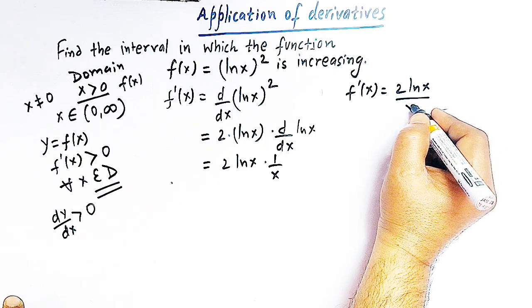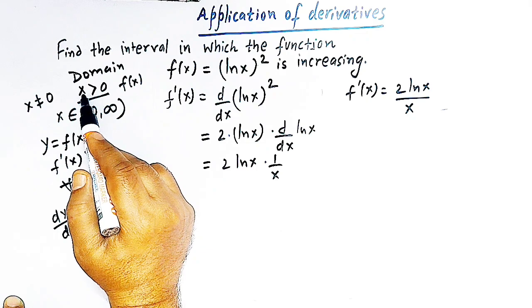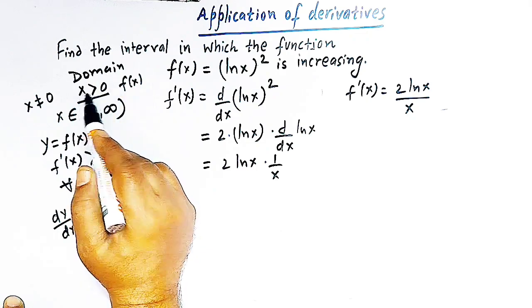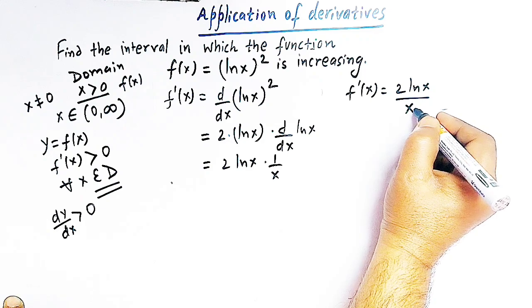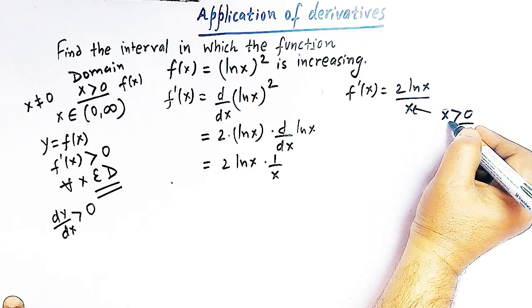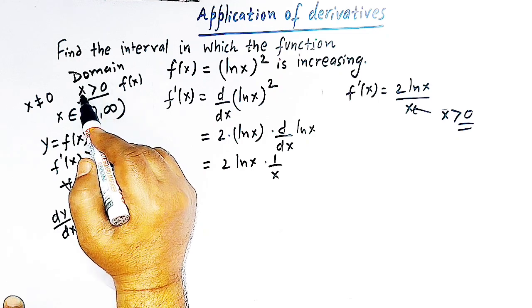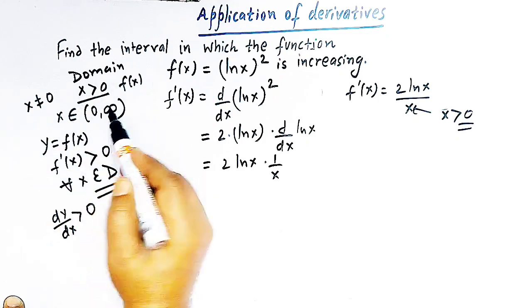We have just said that the domain of this function is given by x greater than 0, right? So this quantity, that is x, is already greater than 0 because the domain of the function is the interval 0 to infinity.